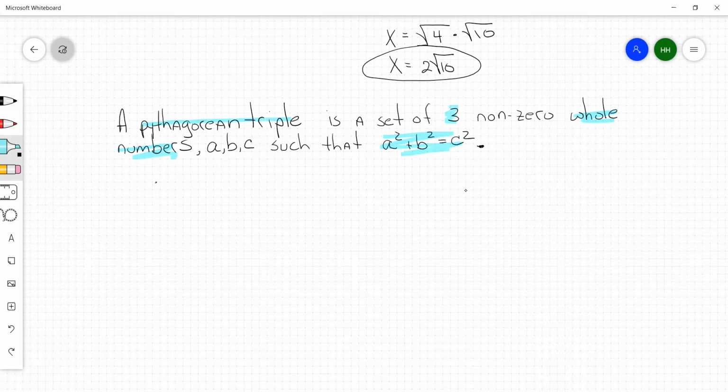That's the key to a Pythagorean triple and the definition. Got to be 3 whole numbers, 3 non-zero whole numbers such that A squared plus B squared equals C squared.